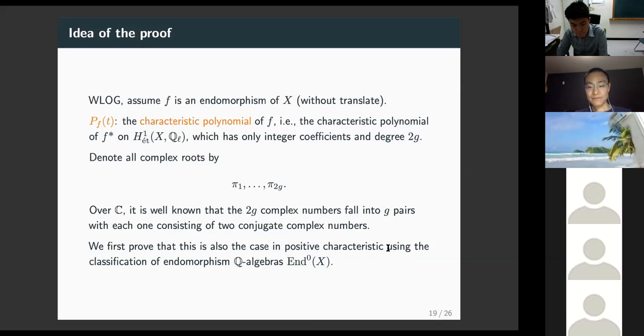I show this using the classification of endomorphism Q-algebras. We use End^0 to denote the endomorphism Q-algebra. The classification says that this is a semisimple Q-algebra. When you tensor with R, it is isomorphic to some matrix algebra. Then we can show that for each root we have its complex conjugate.